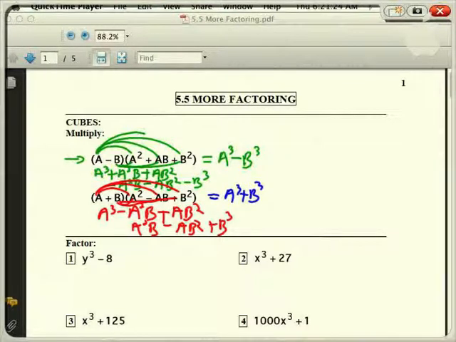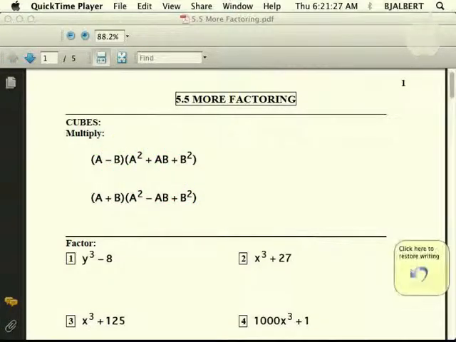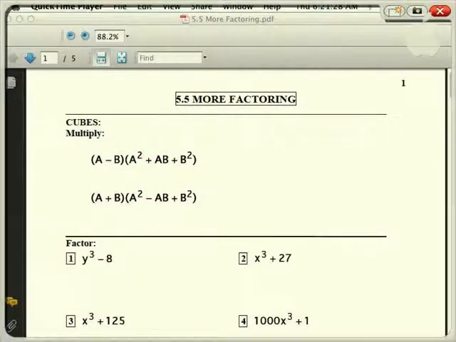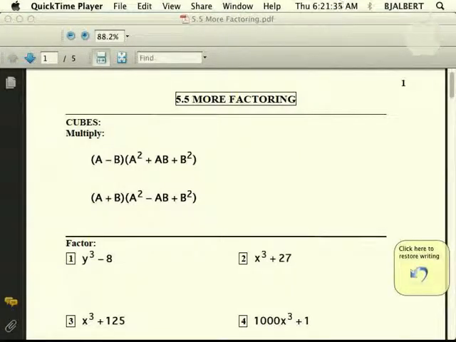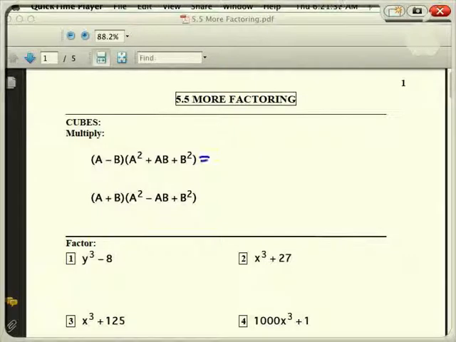Well, let's clean this mess up. The first one gave us a cubed minus b cubed. And the second, a cubed plus b cubed. Turn them around and we have formulas for factoring.